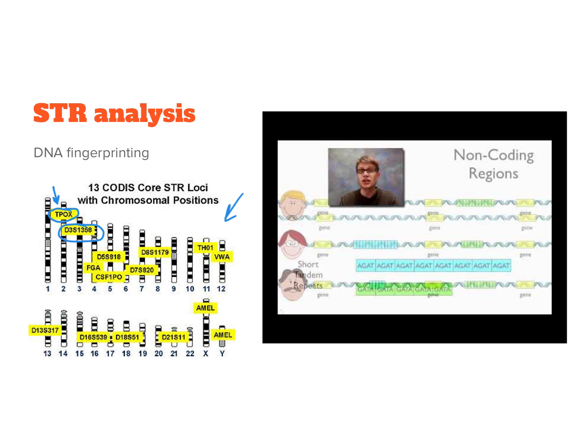Now, for forensic analysis, you really look at these 13 STR loci in what we call the Combined DNA Index System, or CODIS database. There's going to be variability in the STR lengths at each individual place, for TPOX versus this one, FGA.